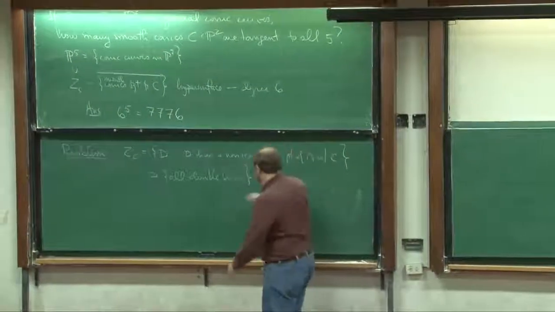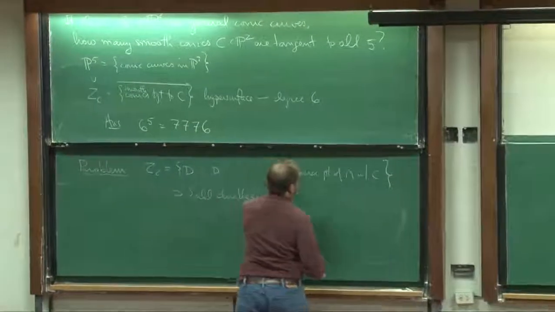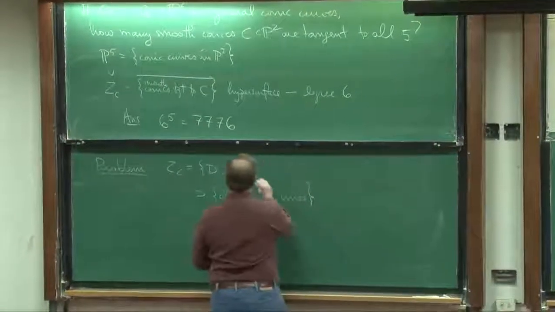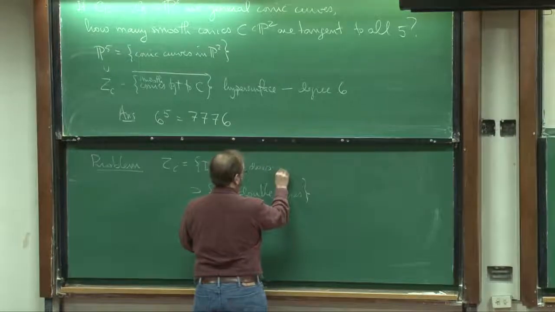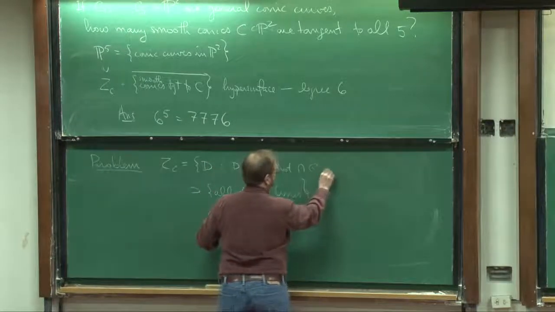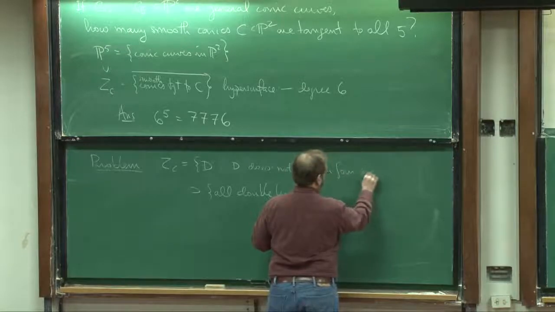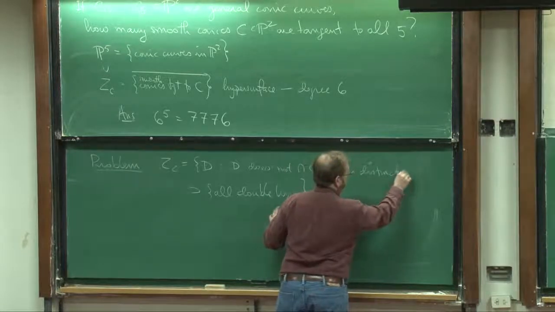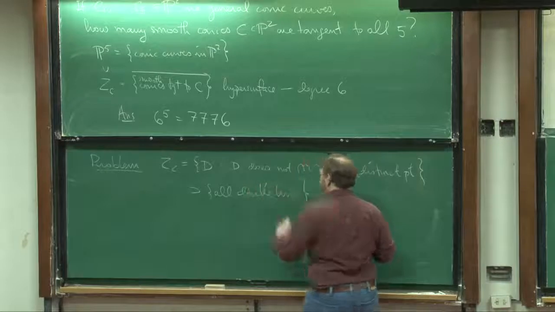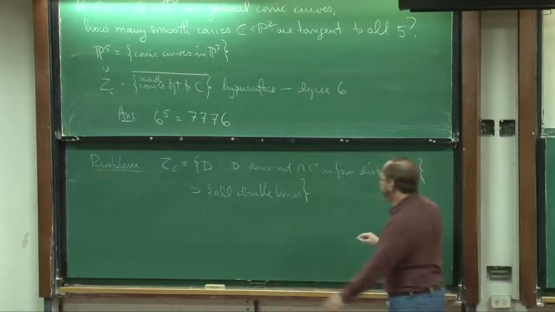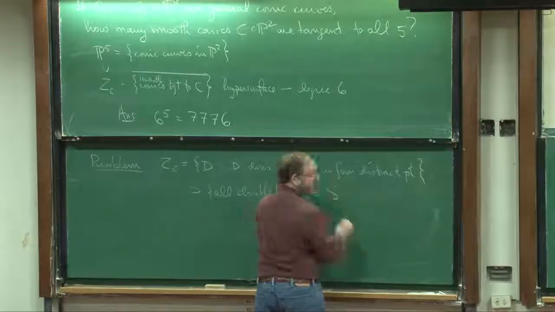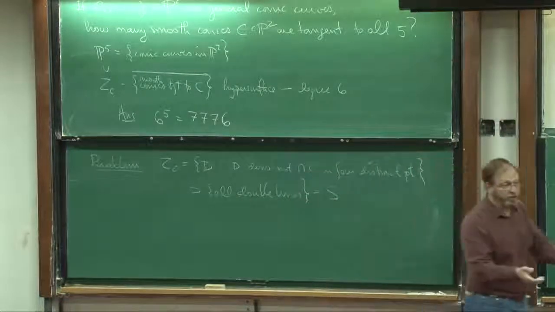So, again, let me just try to rewrite this. D does not meet C in 4 distinct points. That certainly includes all double lines. Now, in the space P5, the set of all double lines is a surface, naturally isomorphic to the dual projective space.